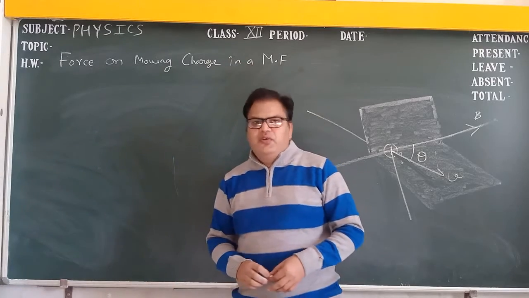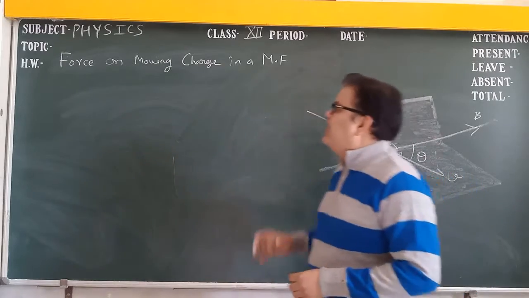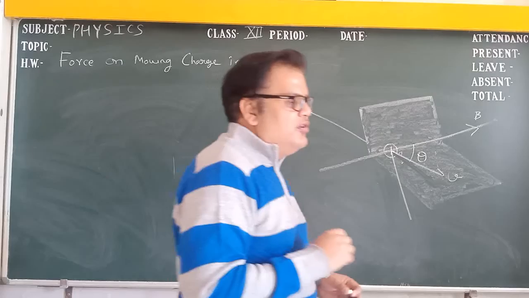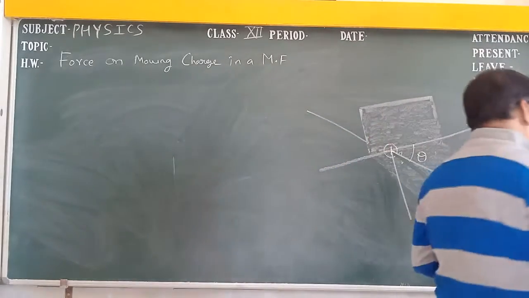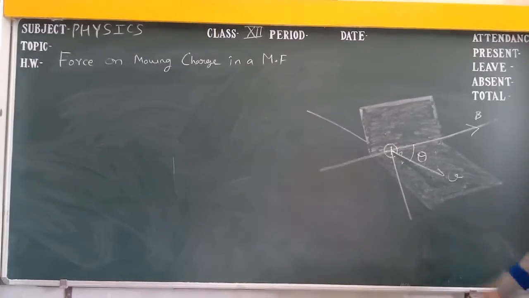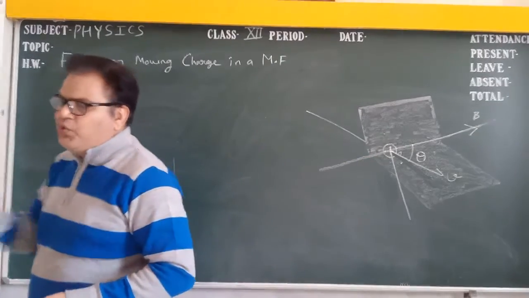Student, today we are going to learn our new topic: force on a moving charge in a magnetic field. In earlier classes, in electrostatics, we learned that F equal to QE at a steady position.